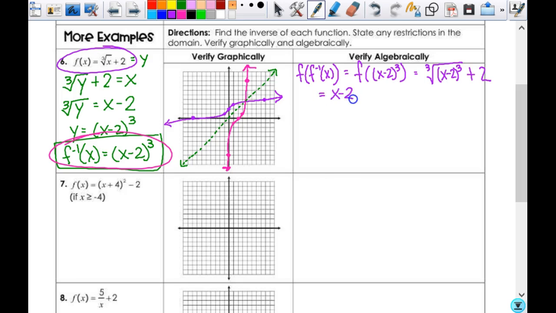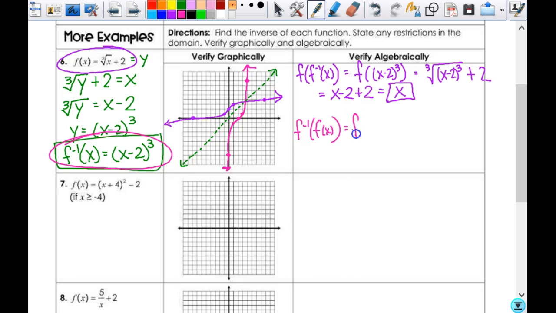So it's just x - 2 plus 2, which is x. Okay. Everybody good with that? Yes? Awesome. Then f inverse of the f of x, because I got to do it both ways, right? Got to show that both of them will give me x.